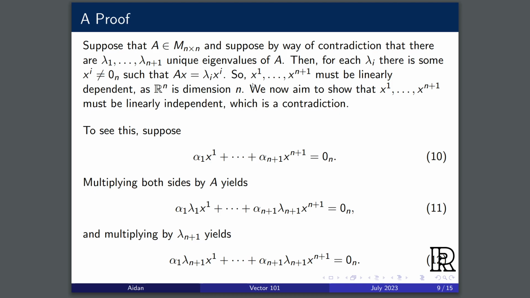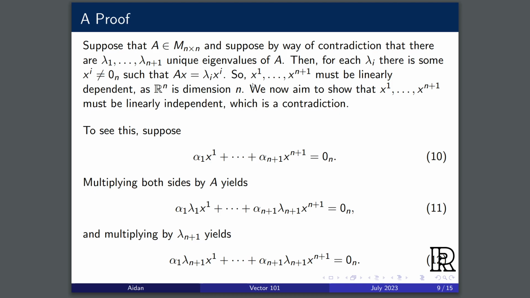If we can do that, that means that these must be linearly independent, because the only linear combination of them that reaches 0 is the trivial one. So that's going to be our proof strategy, and it's a really slick argument, in my opinion.